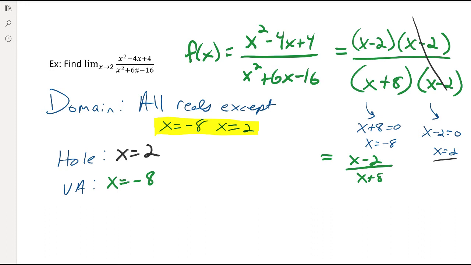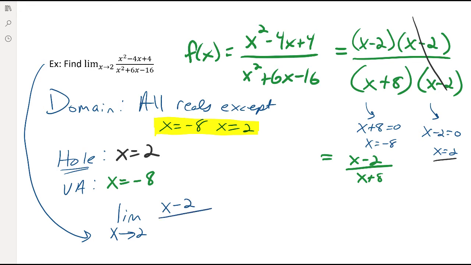All right, so now that we know that, let's talk about the actual question here, the limit. How do we find the limit as x approaches 2? Well, since we're approaching 2, we're approaching a hole, which is perfectly fine. We can have a limit at a hole. So you take the limit as x approaches 2 and plug it into our simplified function, x minus 2 over x plus 8. I'll show you why we have to do that in a second.